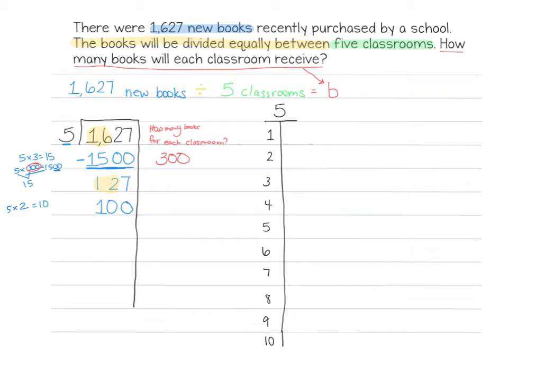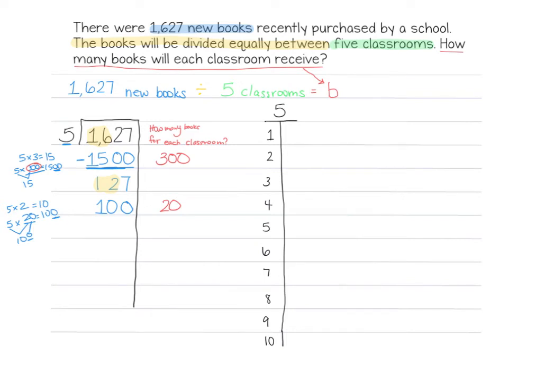But because we have 100 as our value, 5 has to stay the same because it's the divisor. 5 times what equals 100? We know that 5 times 2 equals 10, but we need a 0 in the ones place. So in order to get that 0 in the ones place, we have to have a 20. So 5 times 20 equals 100.